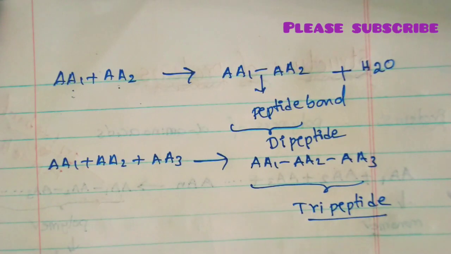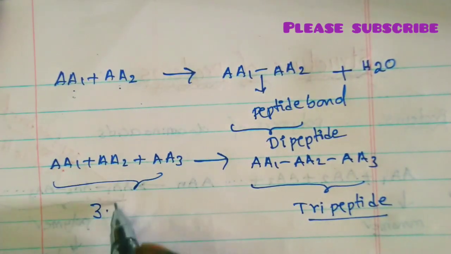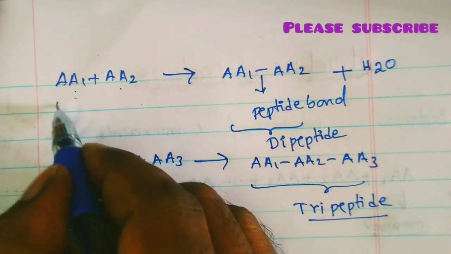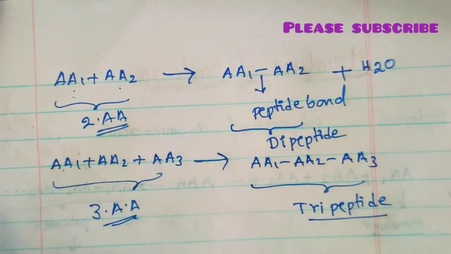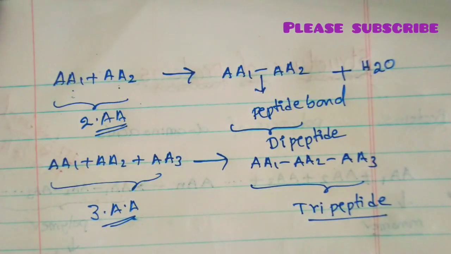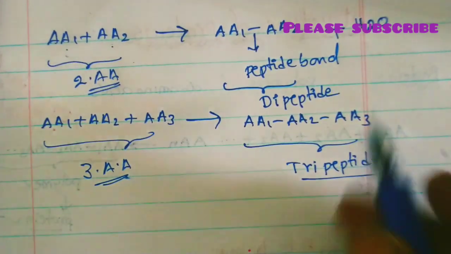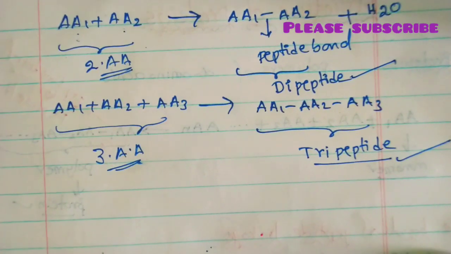Why is it called a tripeptide? Because in this reaction 3 amino acids are involved. But why is it called a dipeptide? Because in this chemical reaction 2 amino acids are involved. So based on the number of amino acids involved in this chemical reaction, they are called a dipeptide, tripeptide, and so on. Okay.